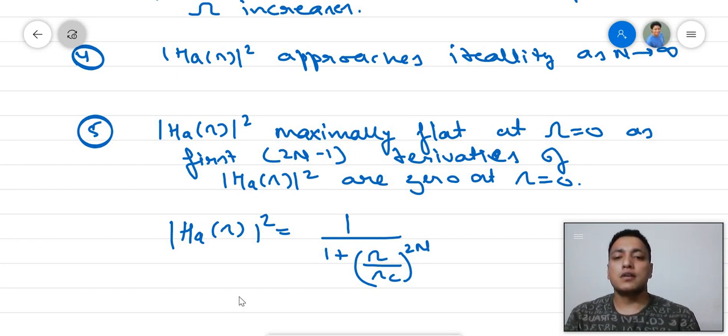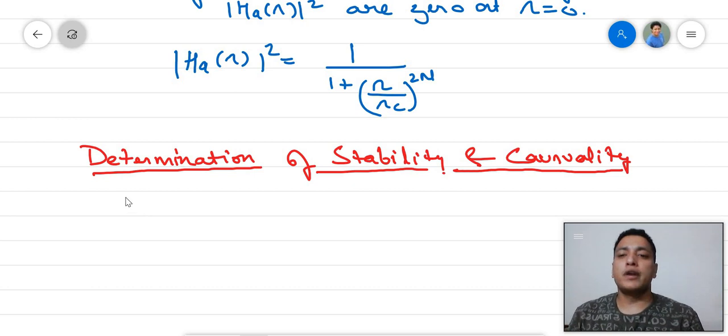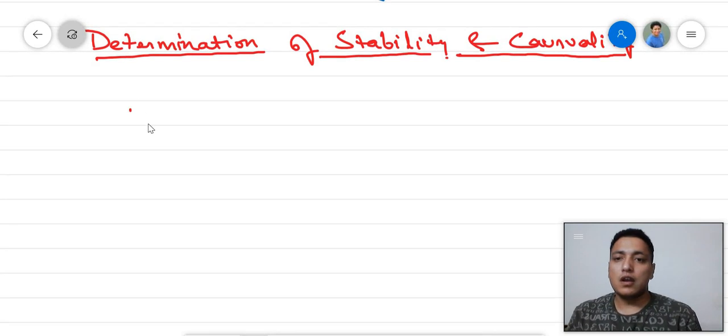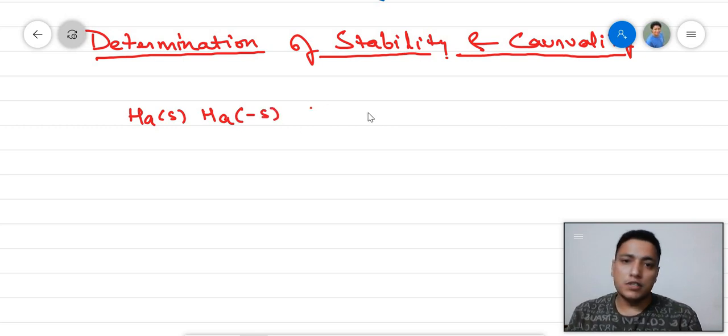After this, we are starting with the determination of stability and causality. We know HA(s) times HA(minus s) is equal to |H(omega)| squared, where omega is equal to s by j.